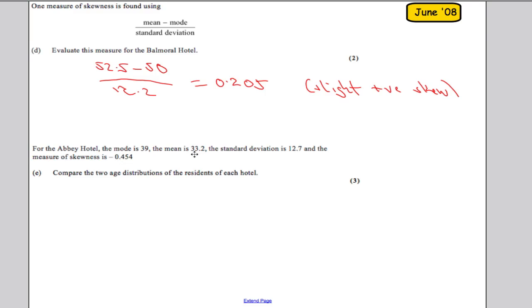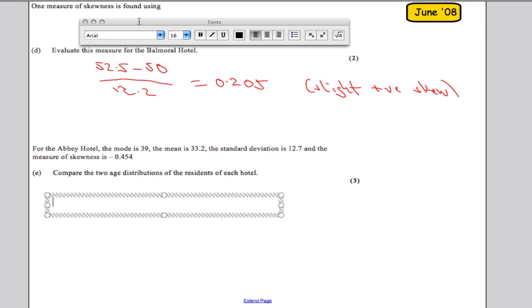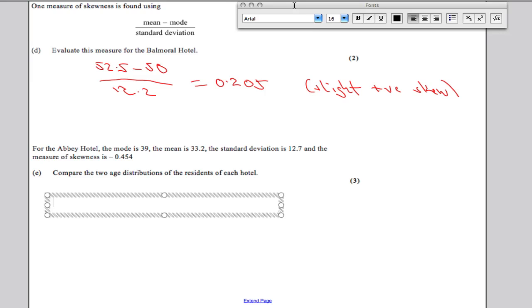Okay, we have the mean. Let's take a look at the means, because it's always good to comment on a measure of centrality. I'll type it out. It'll be a little bit easier for you to read.